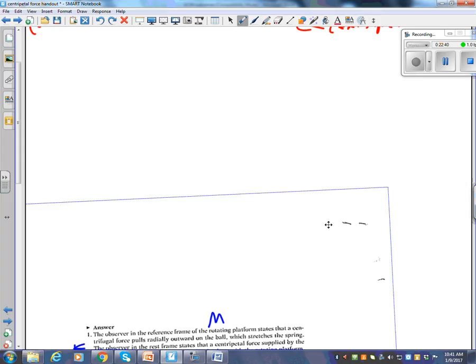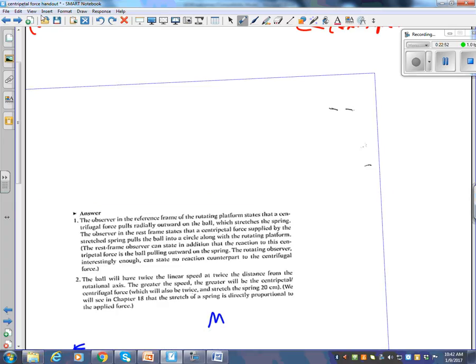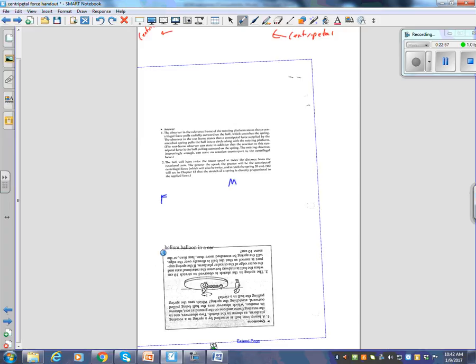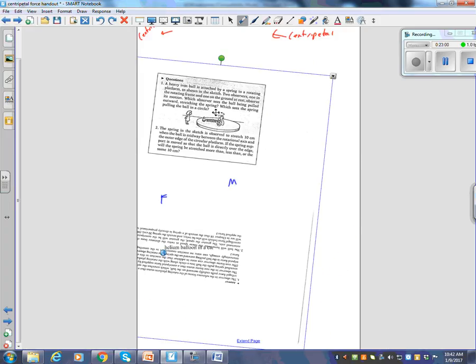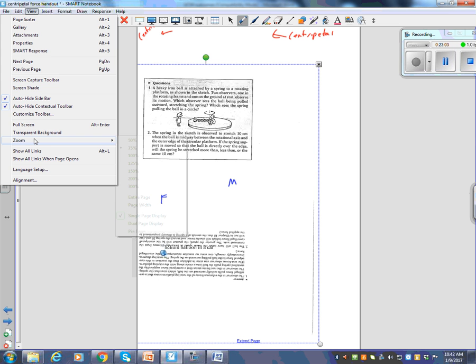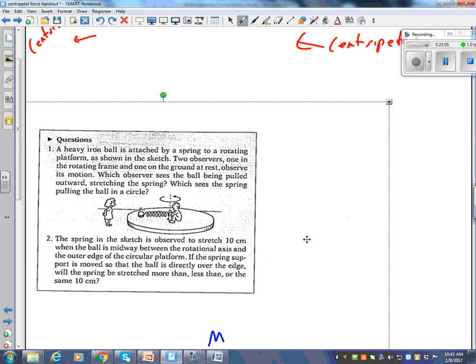What's the second question? The spring in the sketch is observed to stretch 10 centimeters when the ball is midway between the rotational axis and the outer edge of the circle. I've got to rotate this upside down again.